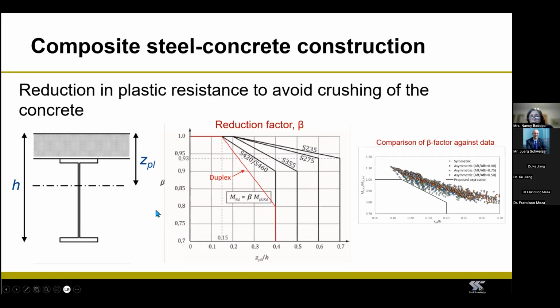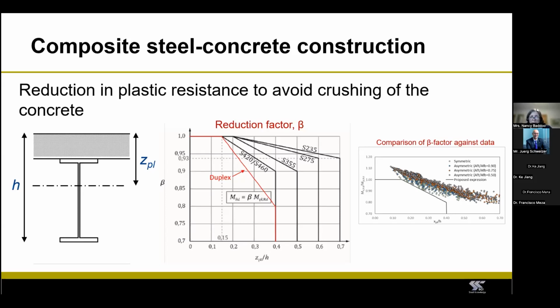And in the Eurocodes, we call this a beta reduction factor. And it reduces linearly as the position of the neutral axis moves down. Now, you've probably worked this out, because of the more rounded stress strain behavior of stainless steel, you need to use a different beta factor.